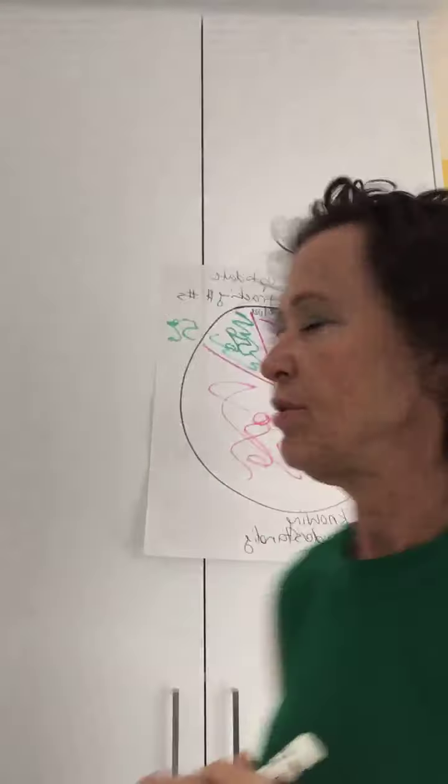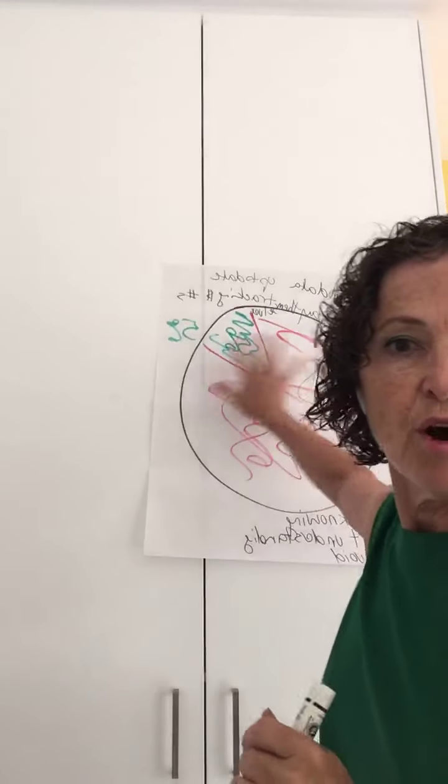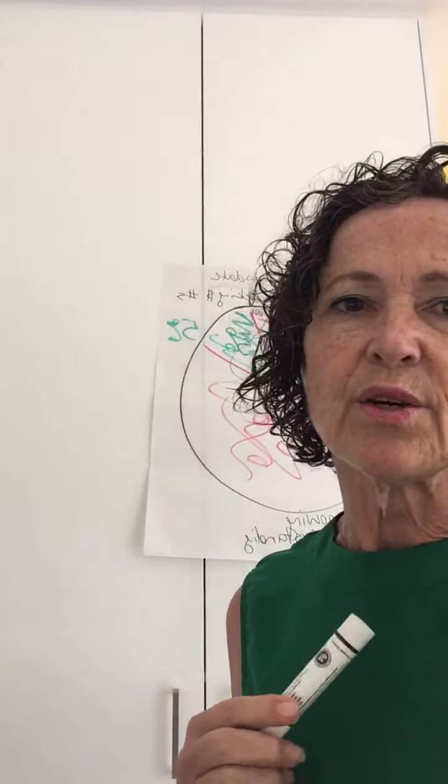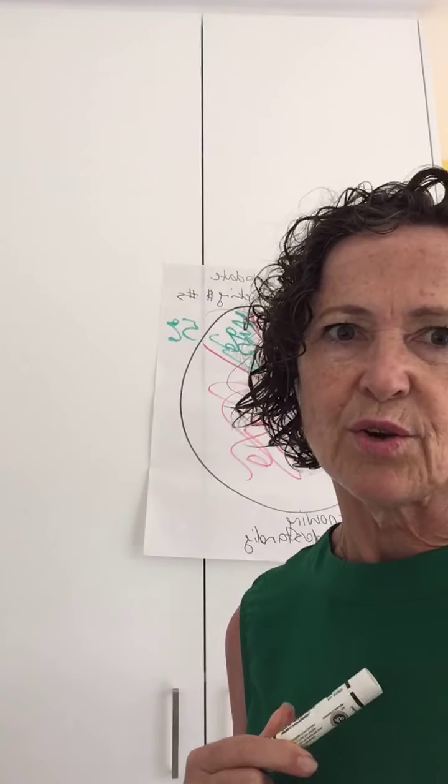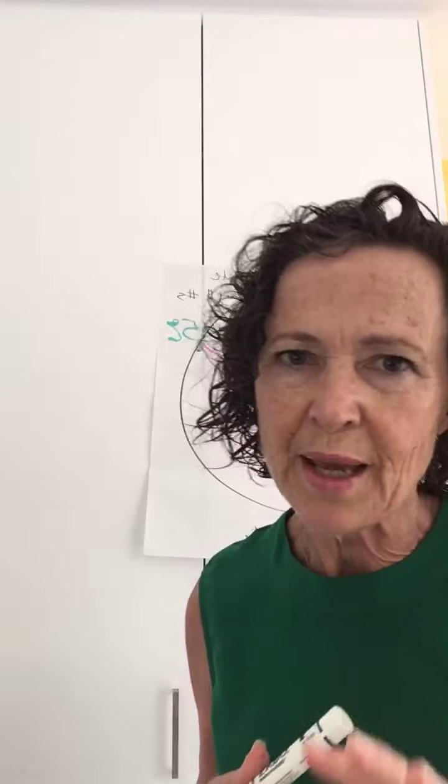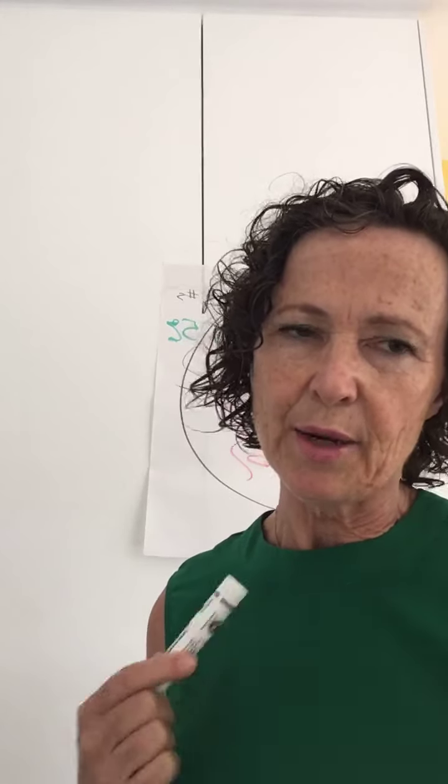So if you find yourself in the red zone, and I know some of you are kind of hovering somewhere in here, the key actually isn't wanting to be in the green zone. It's not about dreaming about how to be in the green zone.